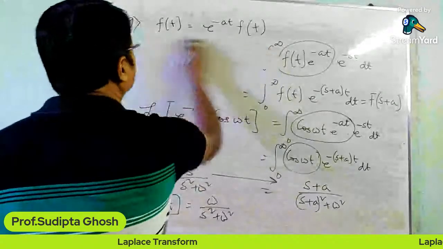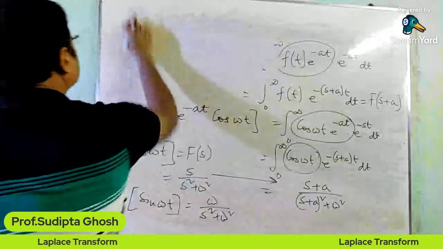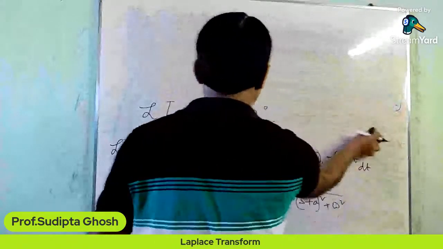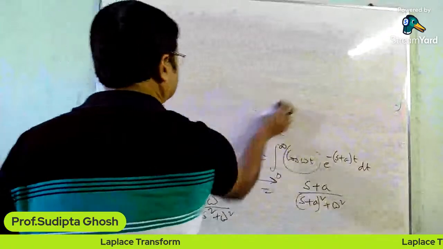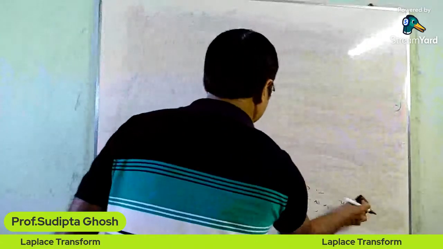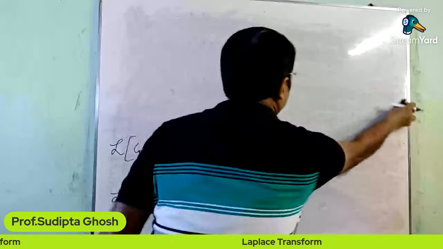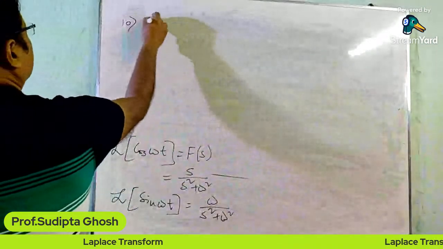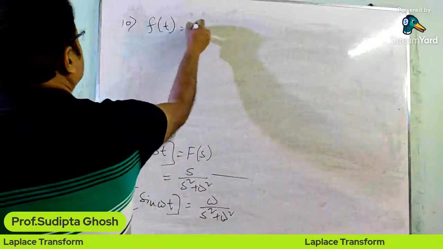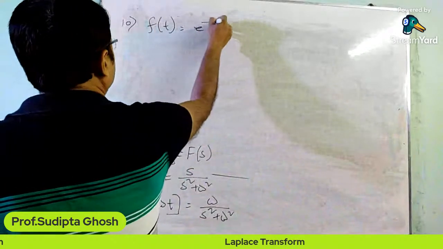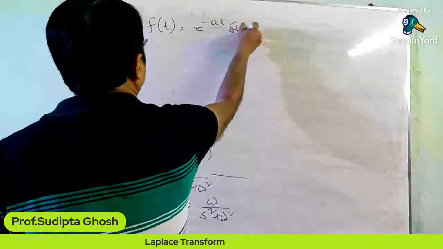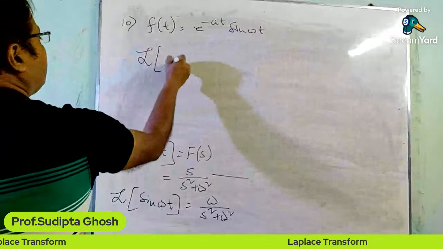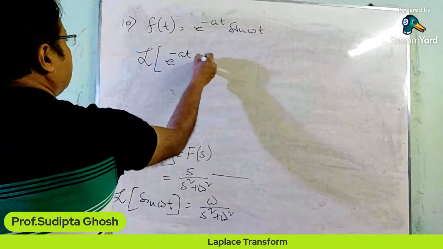That is our number 10. Now take the function number 10, f of t equals e to the power minus at sine of omega t. So, the Laplace transform of e to the power minus at sine omega t.